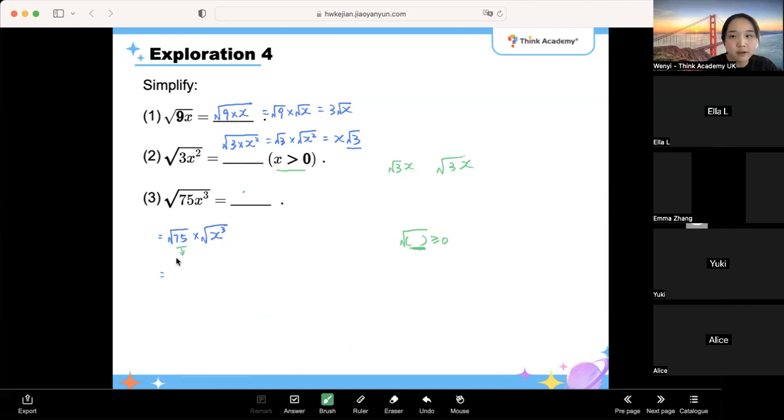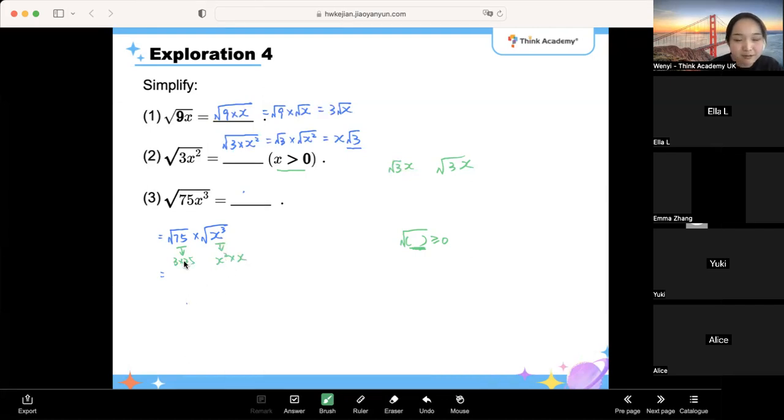This 75 can be expressed as 3 times 25. And also, can you find the squared factor for this x to the power of 3? No, it can be separated into x squared times another x, right?